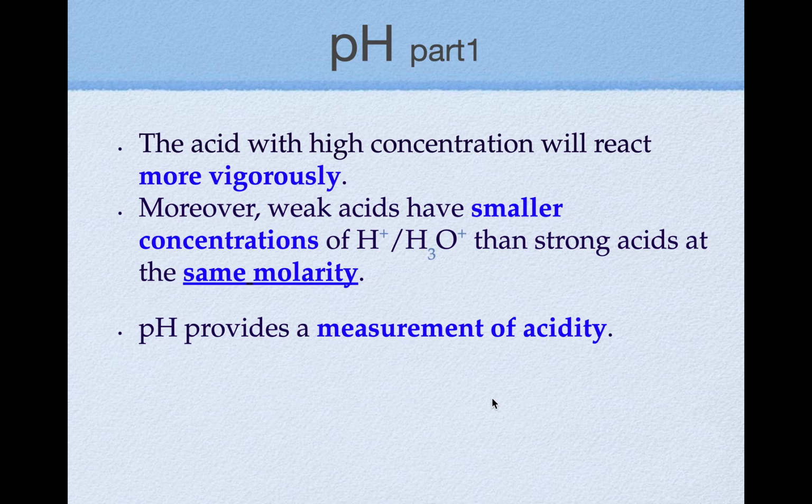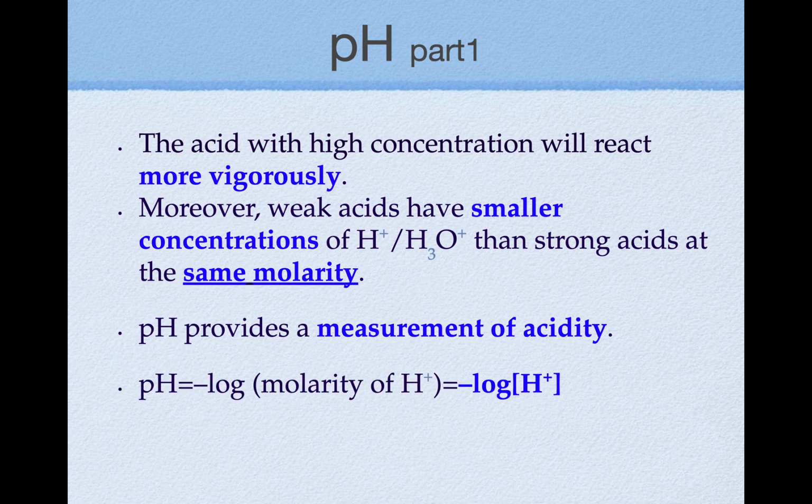pH is providing a measurement of acidity that we can use to talk about acids and bases. When we talked about ocean acidification, we used pH both for graphing carbon dioxide versus the pH of the ocean, and where is the pH of the ocean, 8.1, versus where is the pH of strong bases and strong acids.